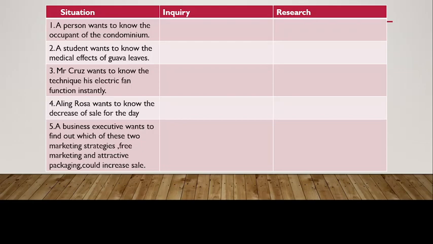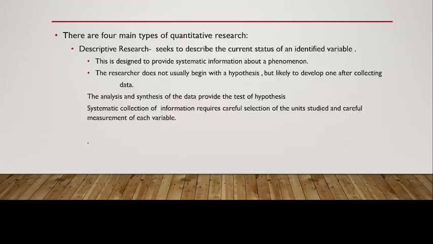Number 4, Aling Rosa wants to know the decrease of her sale for the day. Then number 5, a business executive wants to find out which of these 2 marketing strategies, the free marketing and attractive packaging, could increase her sale.